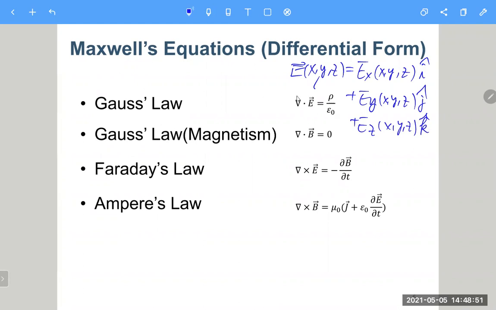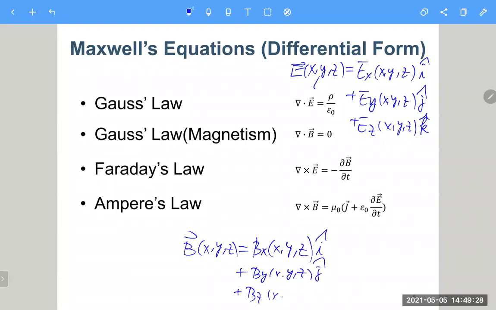So even for this E, there are 1, 2, 3 unknowns in 3 dimensions. B would be something like this: B of x, y, z equals Bx of x, y, z in the x axis, plus By of x, y, z j plus Bz of x, y, z k, something like this.